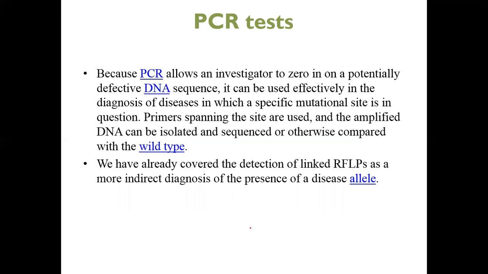Primers spanning the site are used. We can use primers specific to the specific sites. DNA can be isolated and sequenced or otherwise compared with the wild type. We have already covered the detection of linked RFLPs as a more indirect diagnosis of the presence of diseased alleles.